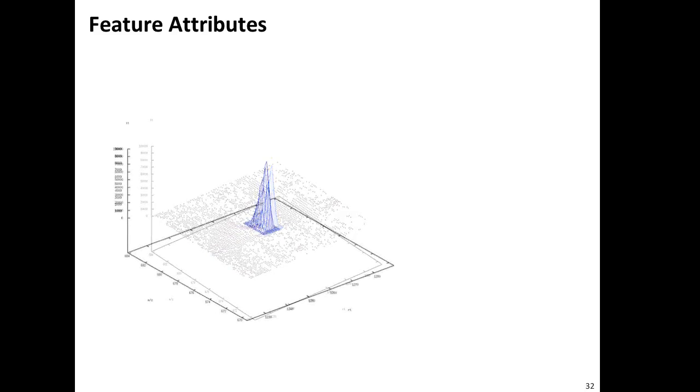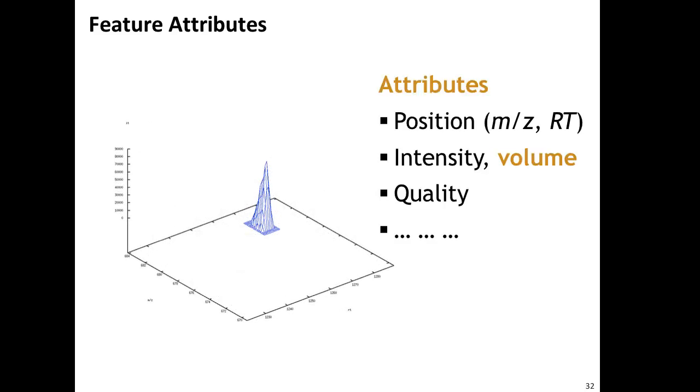And this model then can give us a few parameters. We want to know where it is, so the position m/z and retention time. We want to know the intensity, that is basically the integral over the whole thing, or the volume of this model. You want to get some idea of the quality. How well does it really look like a feature? And there are other things like the charge that you can easily determine from the features as well.